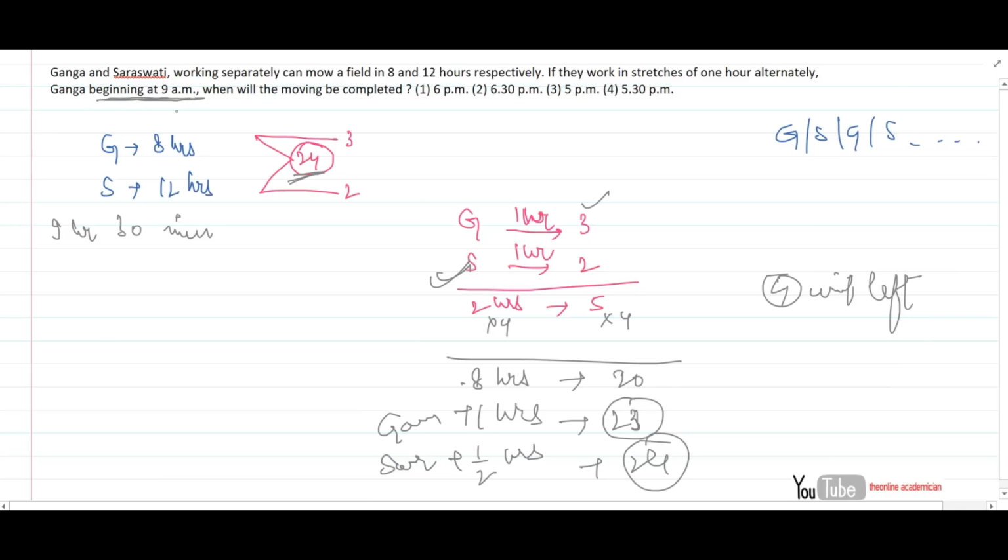If we add 9 hours 30 minutes to 9 am, what will we get? 9 plus 9, 18. 18 plus 30 minutes. That means 18:30. And what is 18:30? We know 18:30 is 6:30 pm. So this is the answer. 6:30 pm, second option.